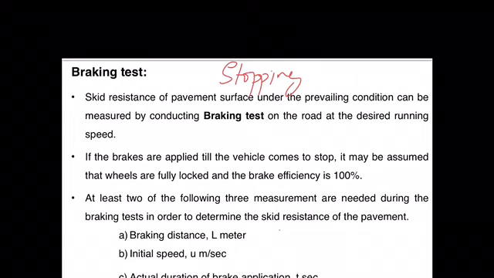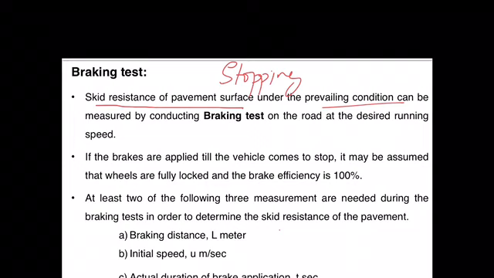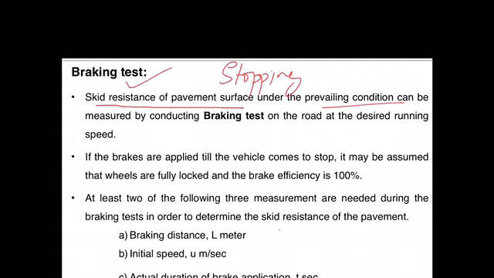The other parameter influencing the stopping distance is the skid resistance of the pavement surface. When you apply a brake, the resistance developed by your pavement surface will also decide your stopping distance. The skid resistance of the pavement surface under the prevailing condition or for various speed conditions can be determined with the help of the braking test.